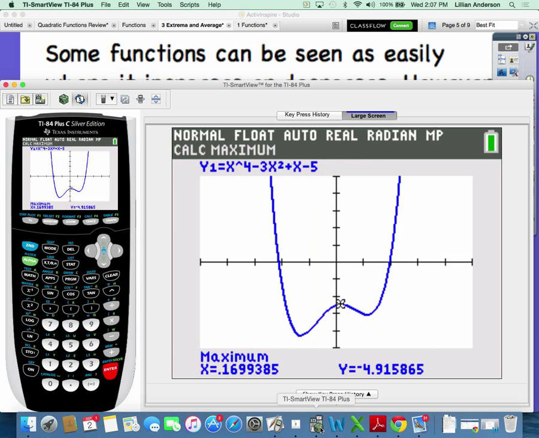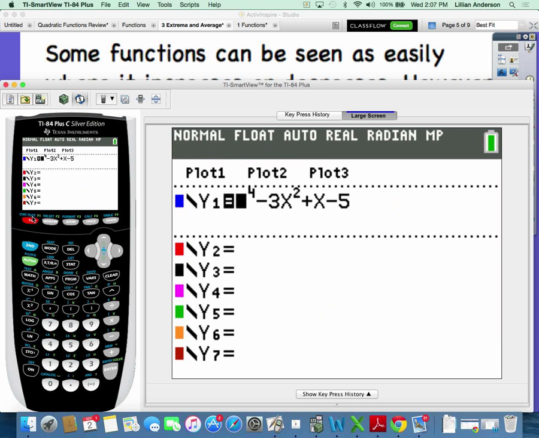I go to y equals, clear out that function, press the clear button, type in the new one. Do that now, type in the new function. Plus x squared. Minus x. Before you click graph, check your window.